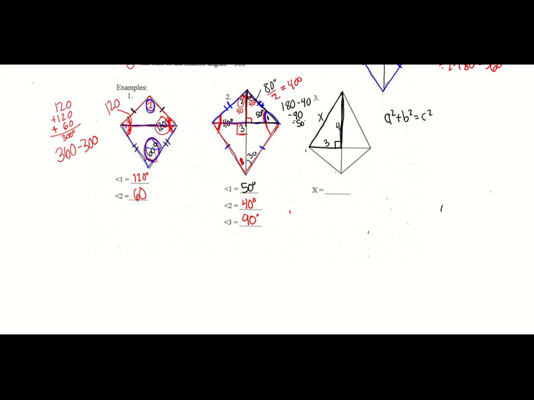I know that my hypotenuse is straight across from my right angle, so that's going to be my c. And I can plug in 3 and 4 for a and b. So I've got 3 squared plus 4 squared equals c squared. 9 plus 16 equals c squared. 9 plus 16 is 25. Take the square root, and I get my c equals 5. My c is my x. So that means x is 5.